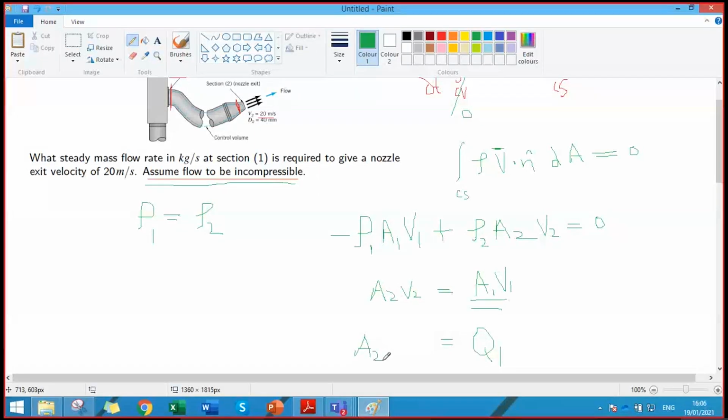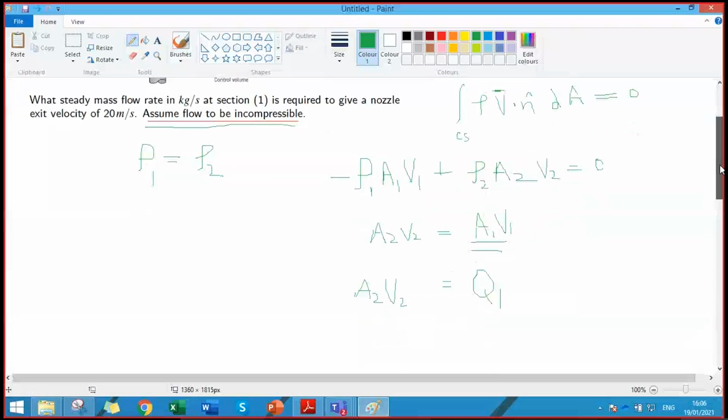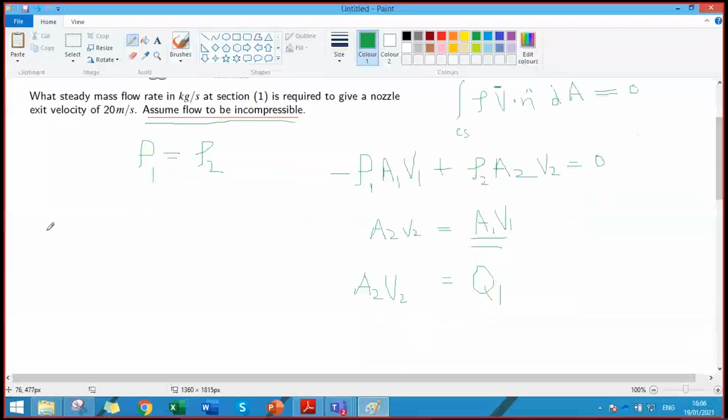Can you calculate the volume flow rate? Because we know the area, we know the velocity. It's a circular cross section having diameter 40 millimeters and the velocity is 20 meter per second. So what would Q1 be? It is pi d squared by 4 multiplied by the velocity.